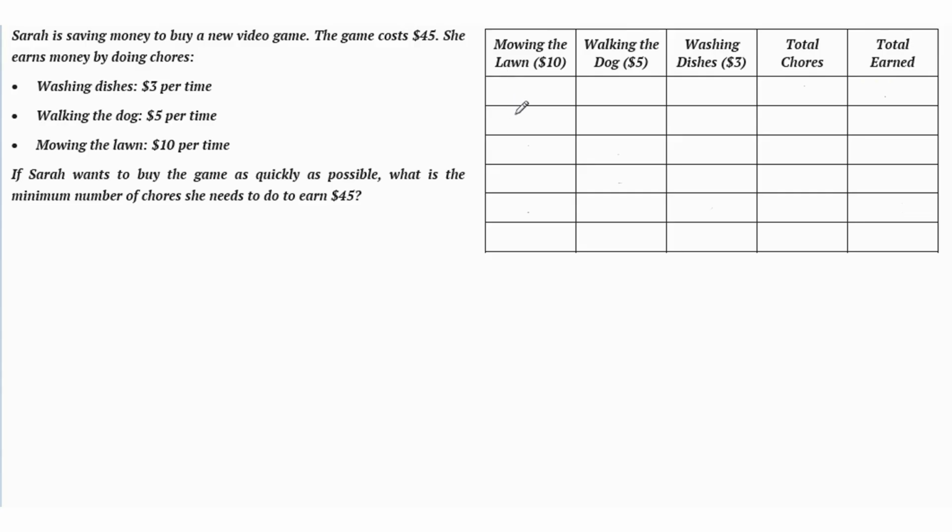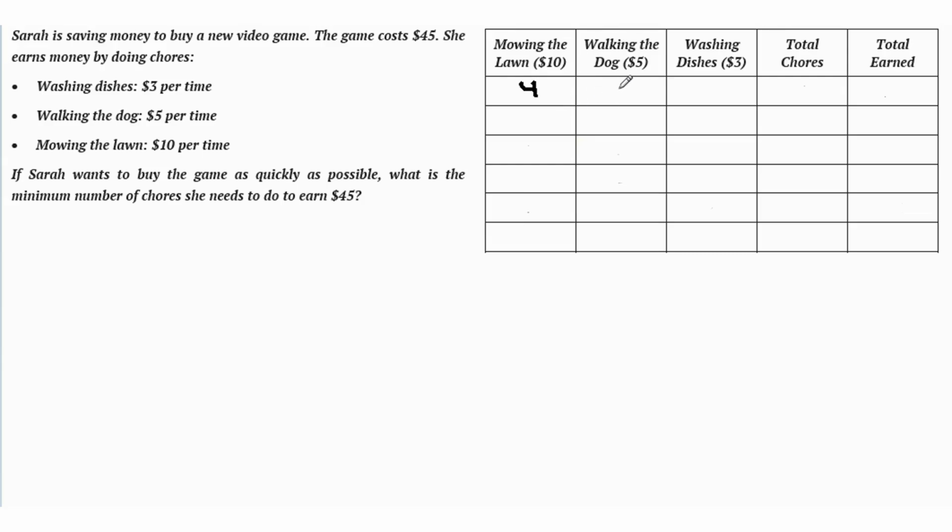So the way I'm going to start off with this table is I'm going to start off with mowing the lawn and what's the maximum number of times she could mow the lawn. Well, she needs to earn $45, and at $10 per mowing, that means she could only mow 4 times at the most. That's already $40 right there.